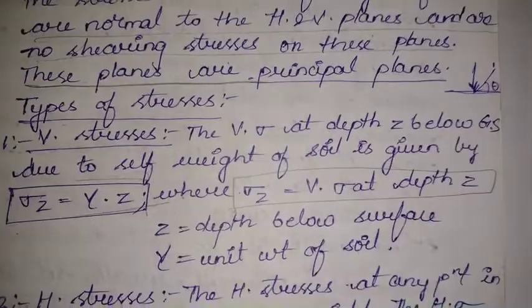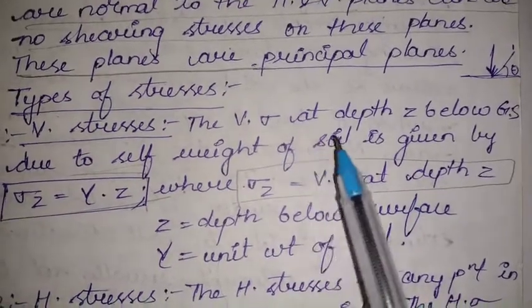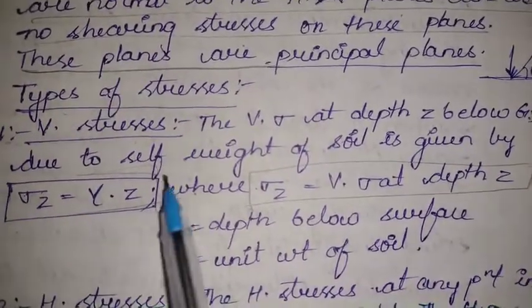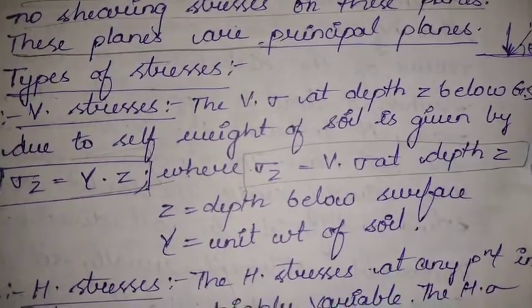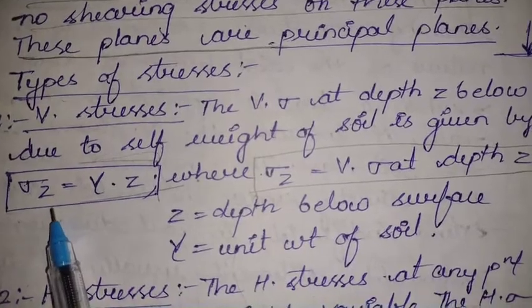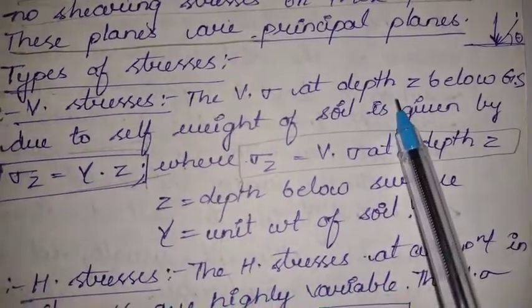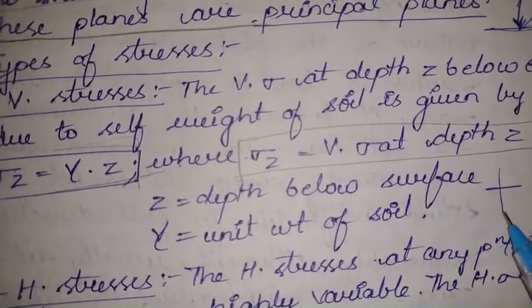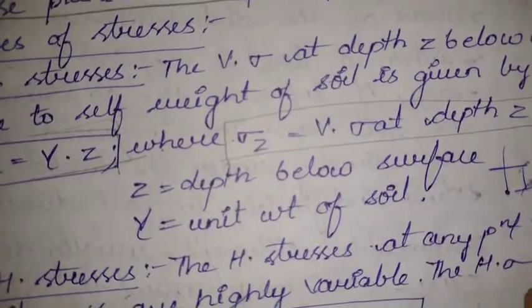The vertical stress at a depth Z below the ground surface due to the self weight of soil is given by sigma Z. This is the vertical stress at a depth Z. We are evaluating the stresses due to this load at a depth Z.